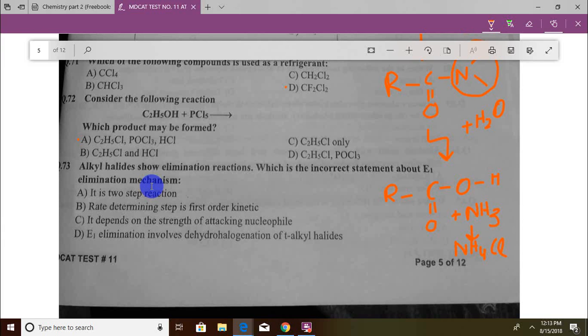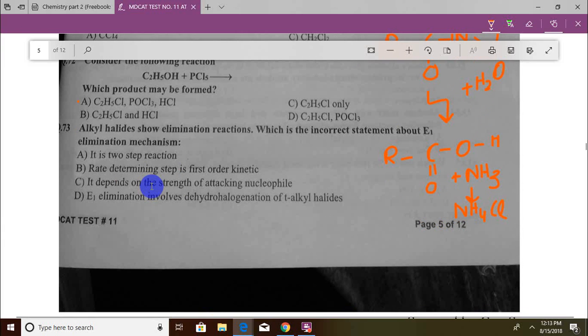So is it two-step? Is SN1 two-step? It most certainly is. So this is correct. So is the rate determining step first order kinetics? Is it for SN1? Yep. Is it dependent on the strength of the attacking nucleophile?